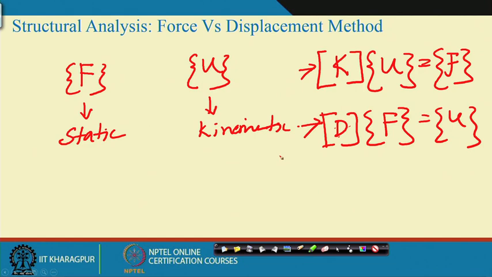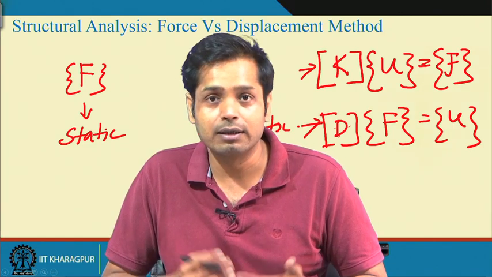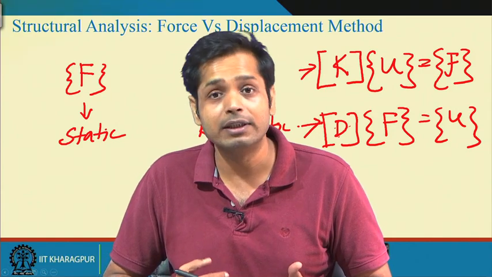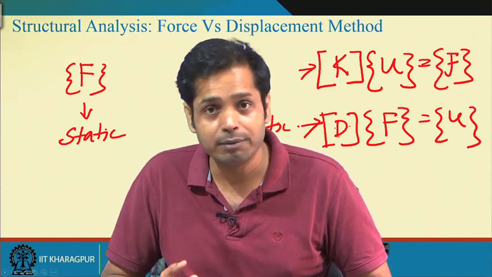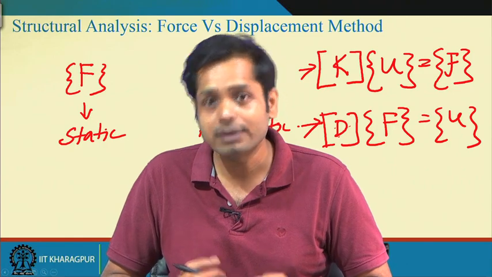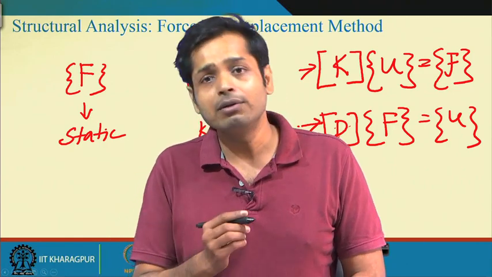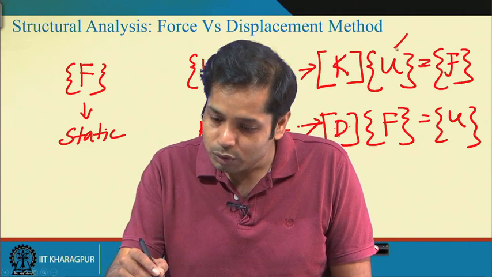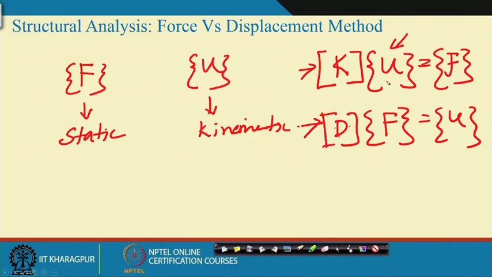Now, when that structure is subjected to certain amount of load, we want to find out the displacement, or if the kinematic variables are known, we need to find out the static variables. So the main purpose is to find out U, the kinematic variables, with the knowledge of static variable, or find out static variable F with the knowledge of kinematic variable U.